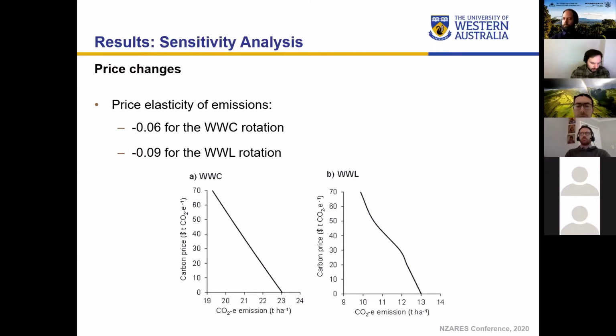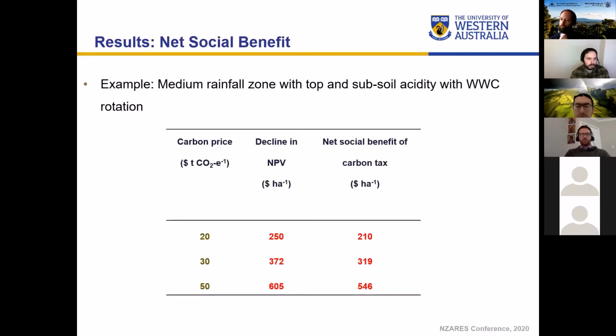The emissions reduced from 23 to 90 tons per hectare over 80 years. The change in carbon price changed the net present value and also increased the net social benefit of carbon taxation. But the magnitude of those changes were modest.